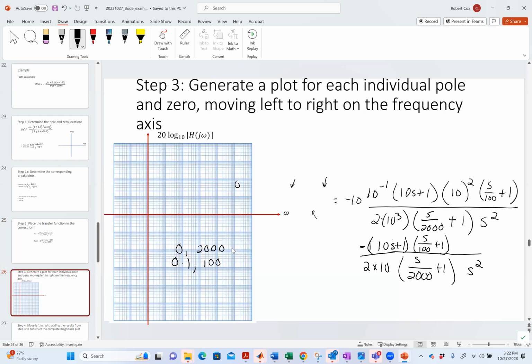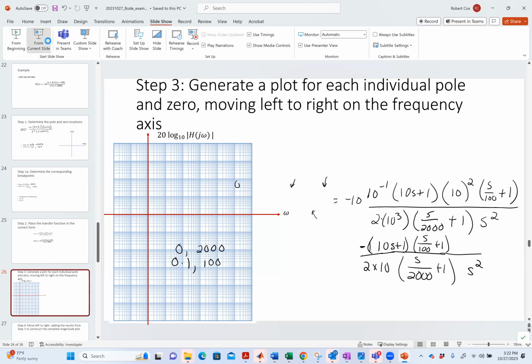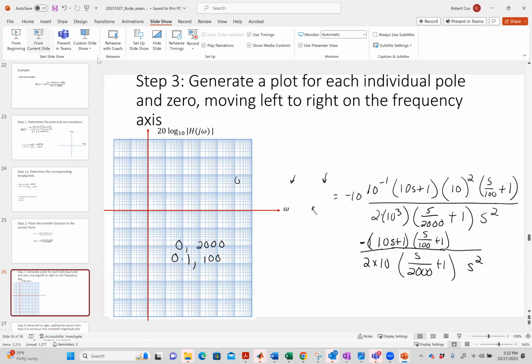So in terms of my graphing, oh boy. Let's try to go to slideshow mode here, see if that fixes this. Okay, yeah, okay.